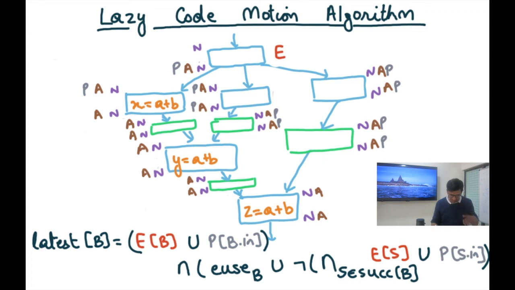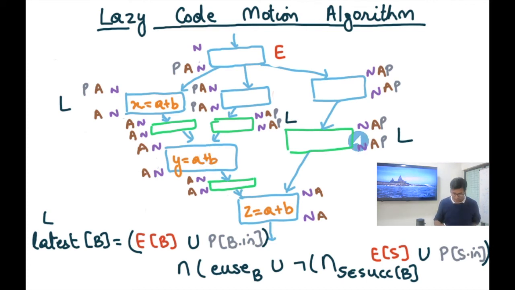So let's look at this example to see what this expression is going to evaluate. Which basic blocks are going to have A plus B in its latest set? It's going to be three answers actually. One is this particular basic block where I'm computing x equals A plus B because it's postponable at the entry, and it is using A plus B. It's latest here because it's postponable at the entry, and for some successor it is neither postponable nor earliest.